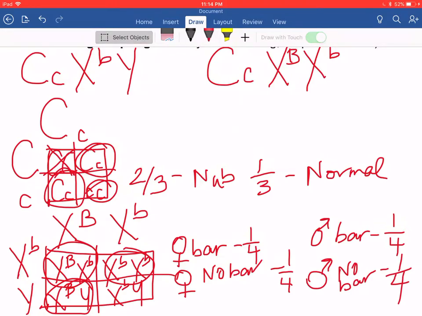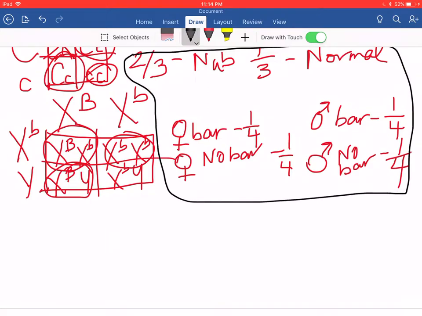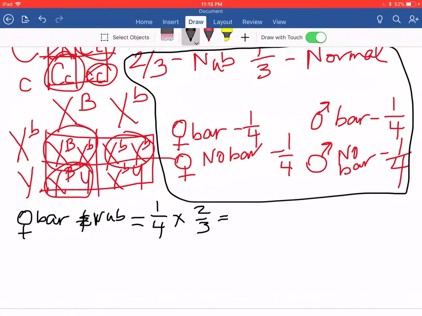Now we can put together the information that we have from both of our Punnett squares to figure out what all of the conditions might be. So we might have a female who is bar and nub. Okay? And so for that, our ratio is 1/4 times having a nub, which is 2/3, and so we are going to end up with 2/12.